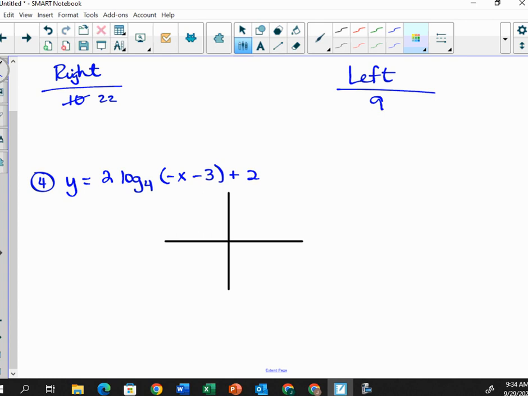So that this becomes... And then you go left, up 2. Negative 3.